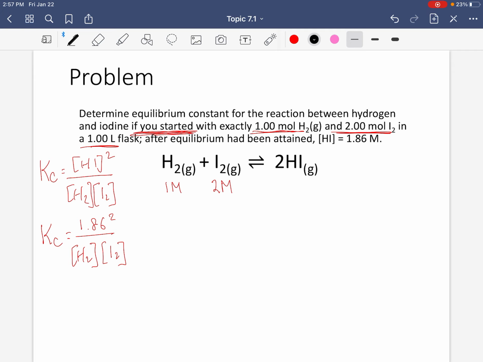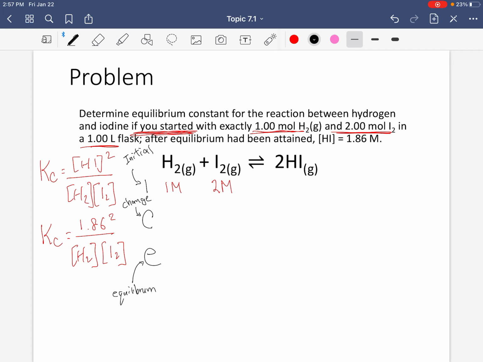To do this kind of question, you need to set it up correctly, and to set it up, you need something called an ICE table. I-C-E. I stands for initial, C stands for change, E stands for equilibrium.